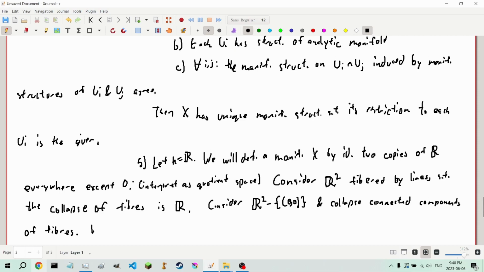Then we get the line with the origin doubled. And because of that, note that this is not Hausdorff.